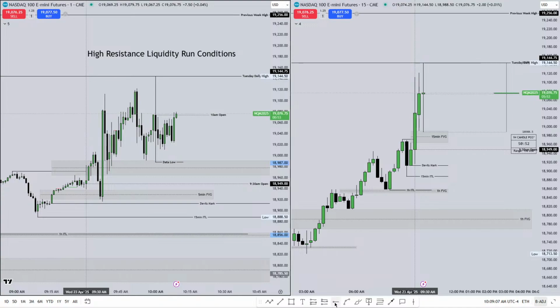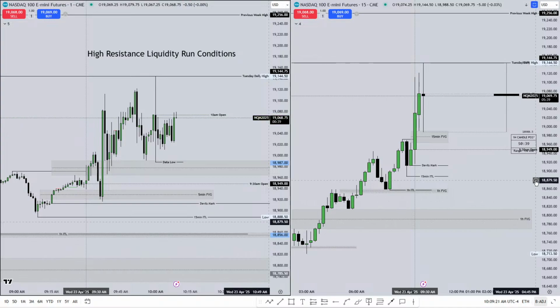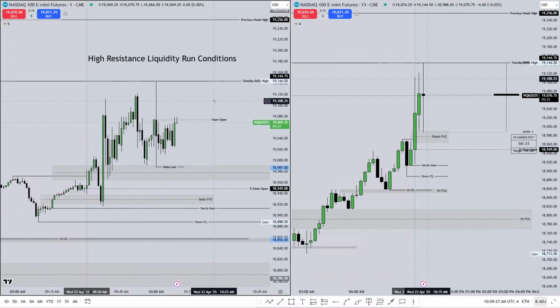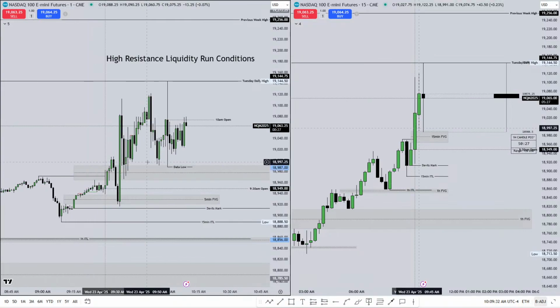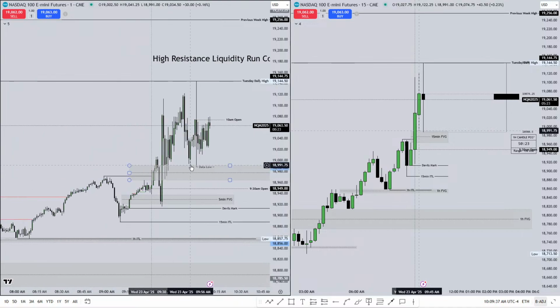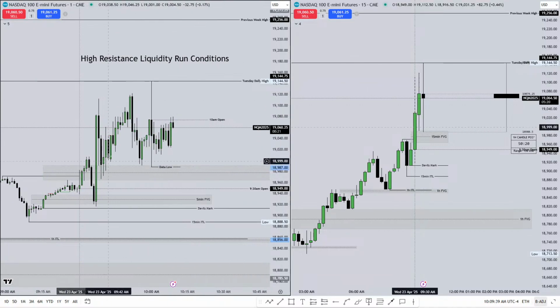This is like watching paint dry. But I am happy I didn't get tricked into taking any trades in all this mess.